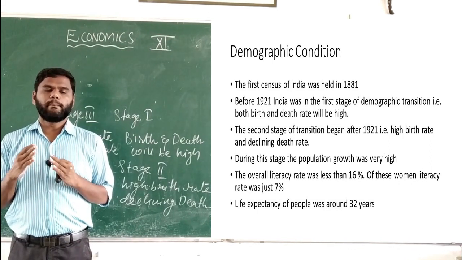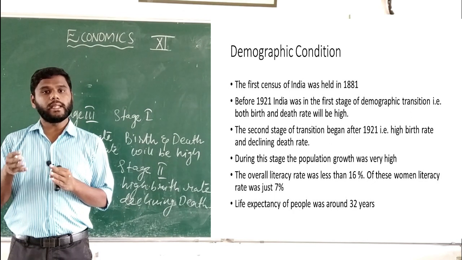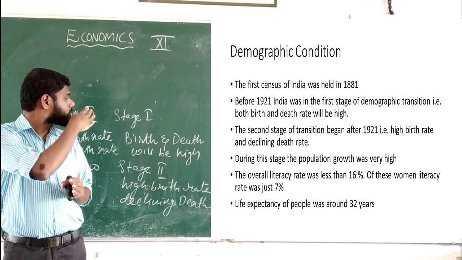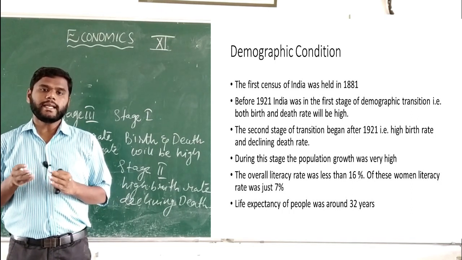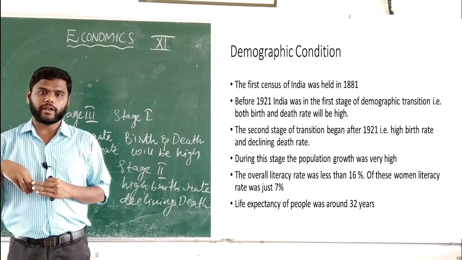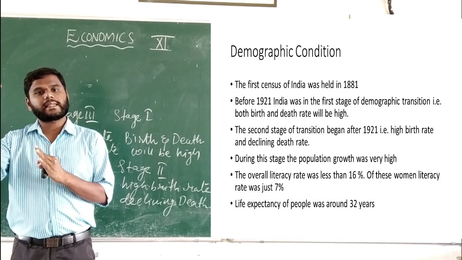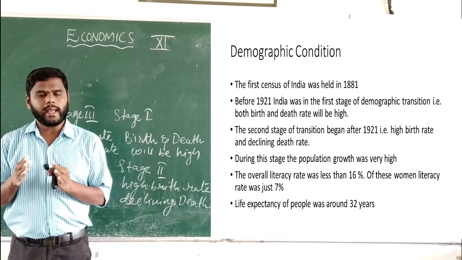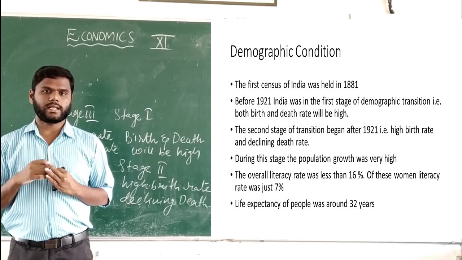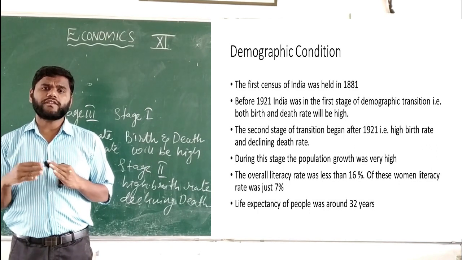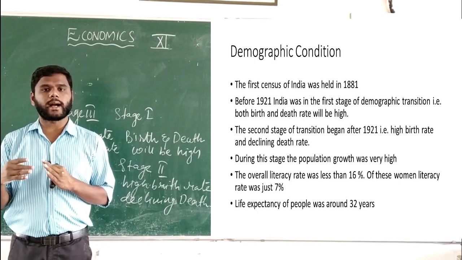Before 1921, India was in the first stage of demographic transition. That means both death rate and birth rate were high. 1921 വരെ ഇന്ത്യയിലെ ബർത്ത് റേറ്റും ഡെത്ത് റേറ്റും ഹൈ ആയിരുന്നു. That is the first stage of demographic transition. But after 1921 there was a change in the demographic condition.